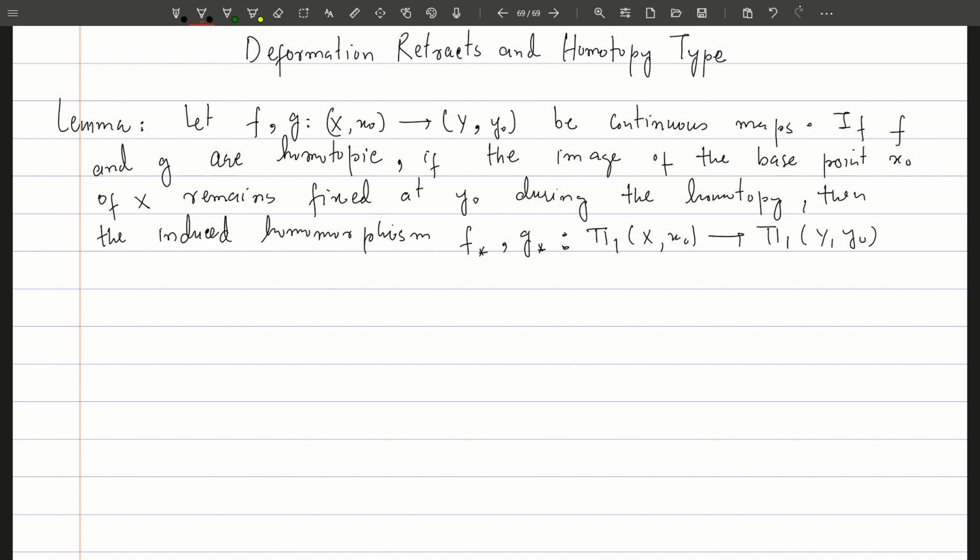So these two homomorphisms are equal. Let us prove this.